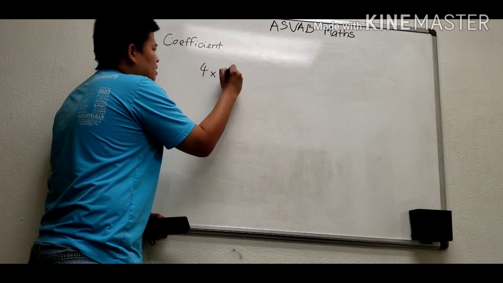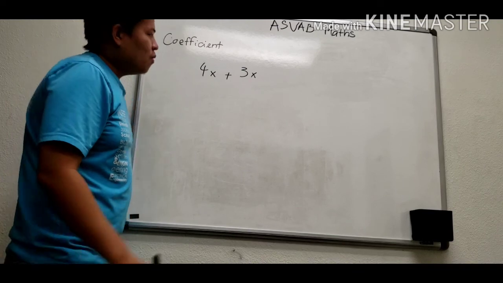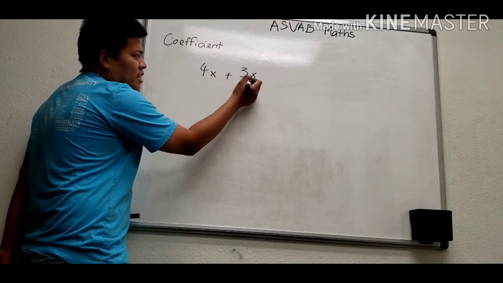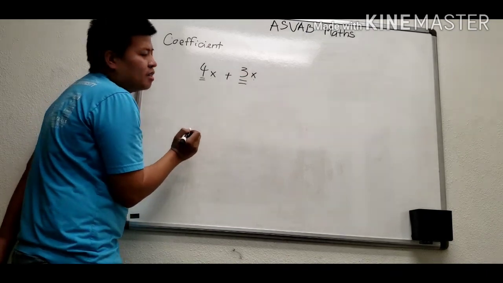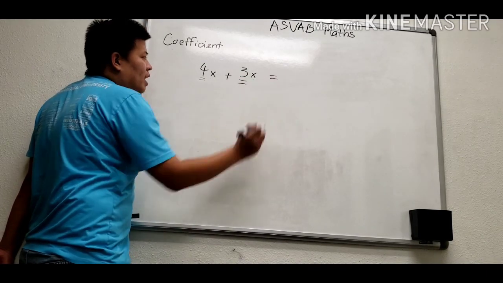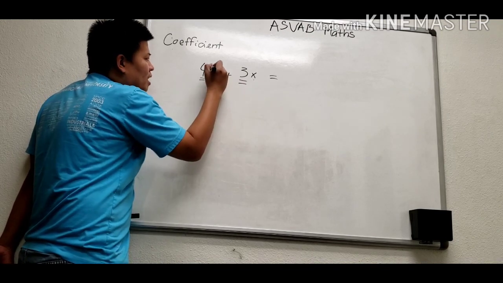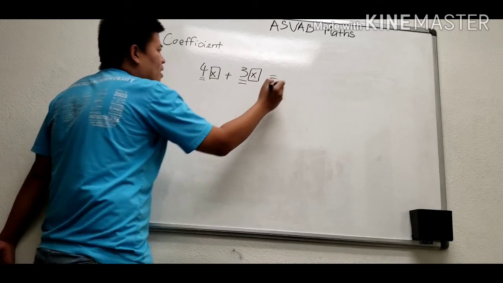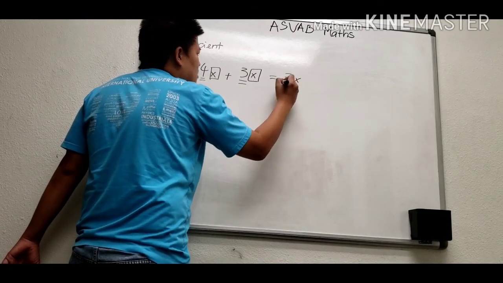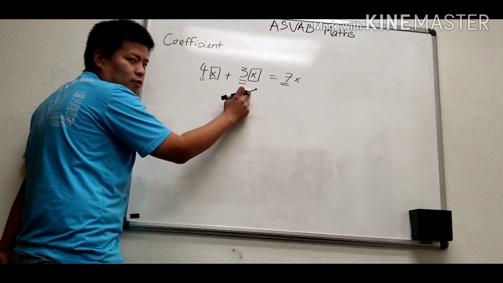For 4S plus 3S, we can see that we have the same S together. We have coefficients 4 and 3, and when we sum together, we just care about the coefficient numbers. Because they have the same S, we can say 7S. So 7 is the coefficient of 4S plus 3S.